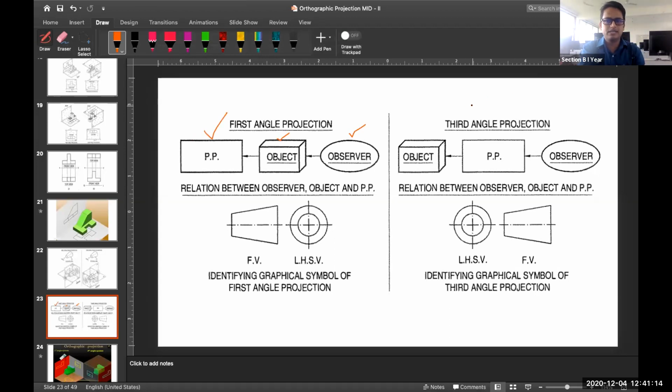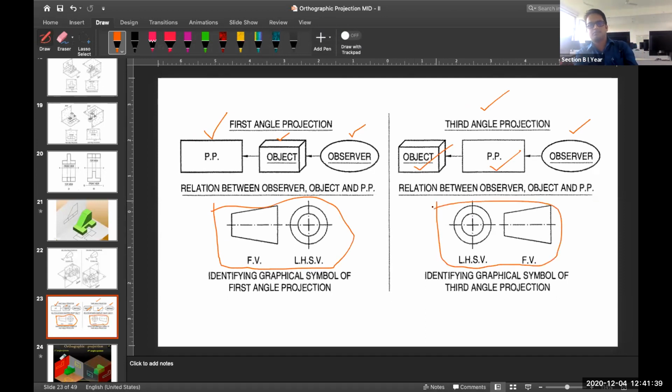Exactly reverse was the case for your third angle projection. Observer was there, then projection plane, and then object. And this is the graphical representation of first angle projection that you must remember. Graphical representation of first angle and graphical representation of your third angle projection method.